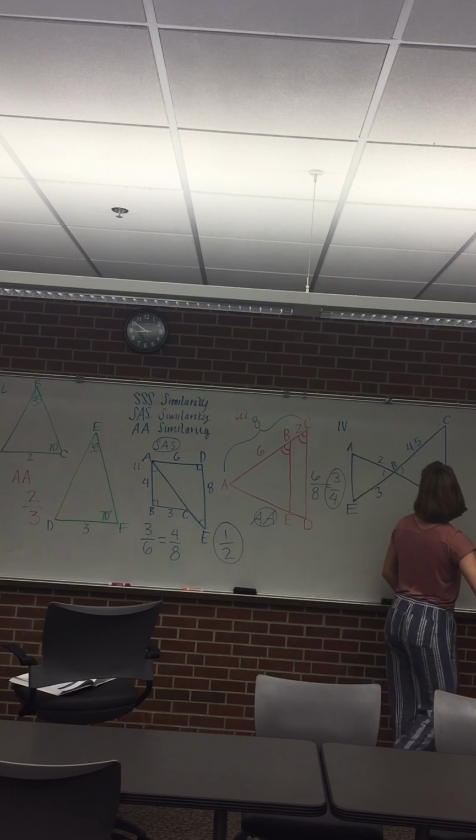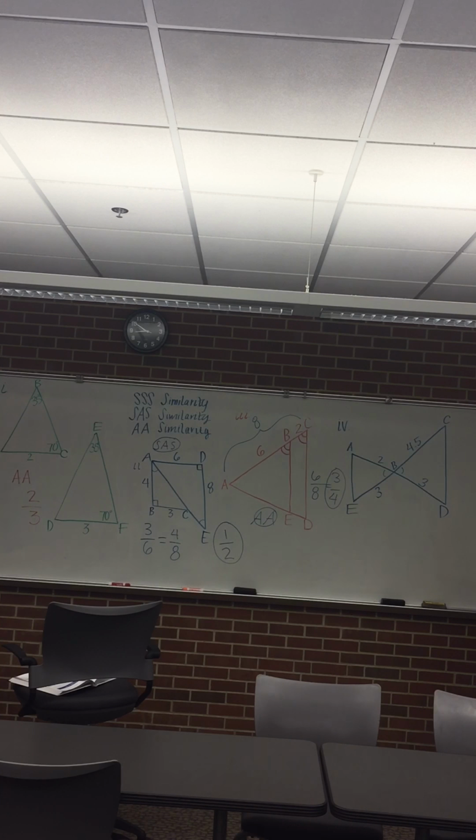For our last triangle, I'm seeing a vertical angle with ABE and CBD, but that's not enough to prove it's similar yet. We need to look at these corresponding sides to find out if they're proportional.